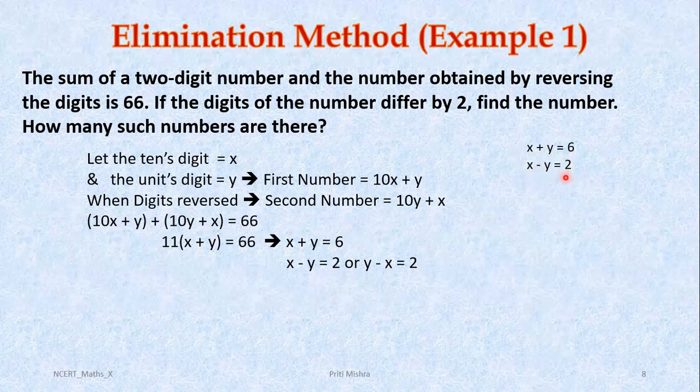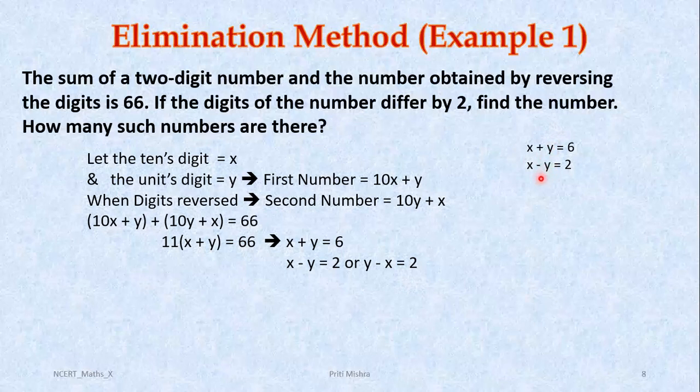So we solve these two equations by the elimination method. What was the elimination method? We have to make the coefficients of any one variable equal. But here you can see we already have exactly the same coefficients for both variables. x has 1, here x has 1, here y has 1, and here again y has 1.